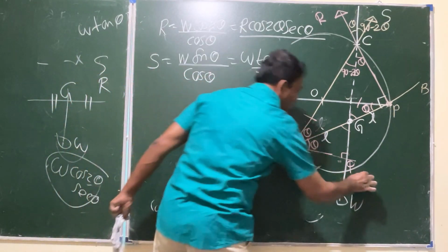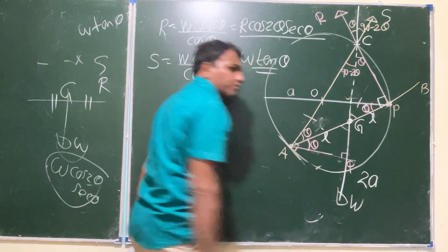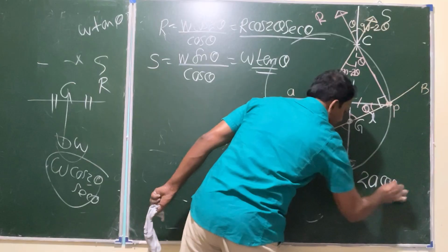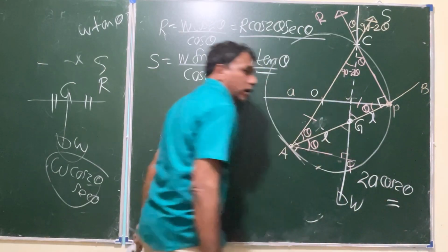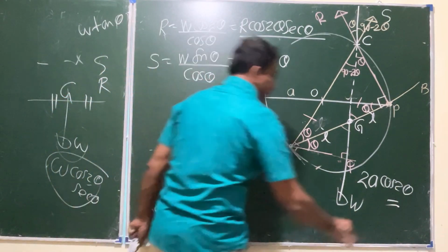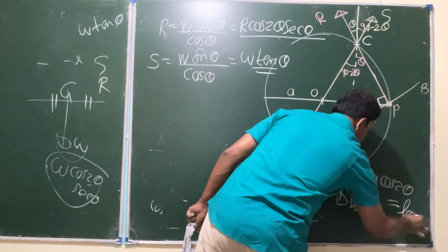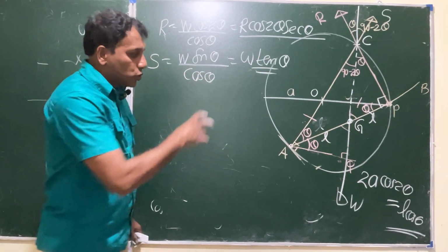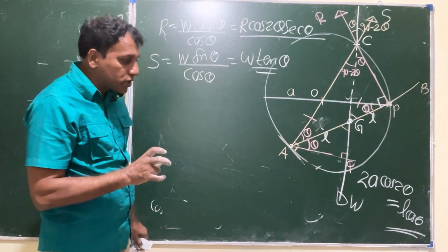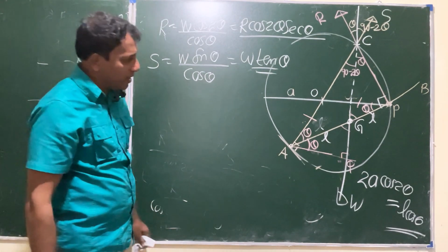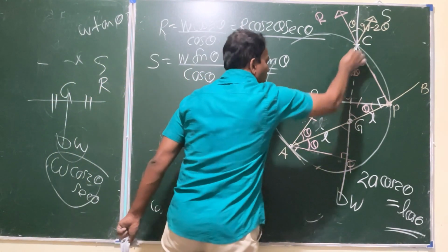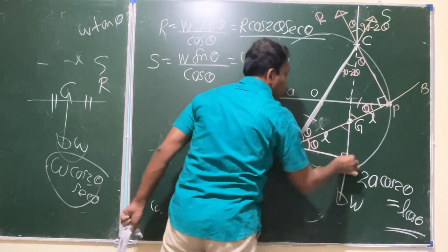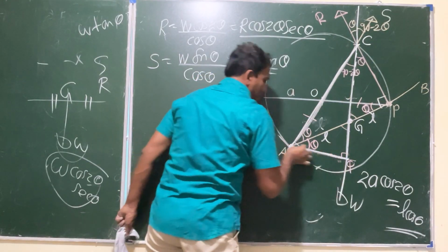Show that 2a cos 2 theta equals L cos theta is one of my discussion. Therefore, so many types of this are available. Show that the answer is 2a cos 2 theta equals L cos theta. See 2a here, 2a here, 2a. This is common. See this my diagram.